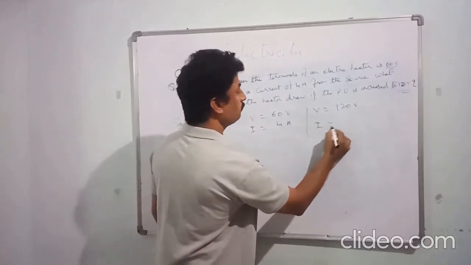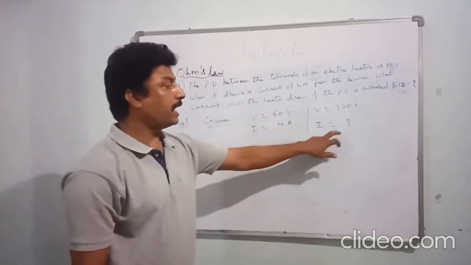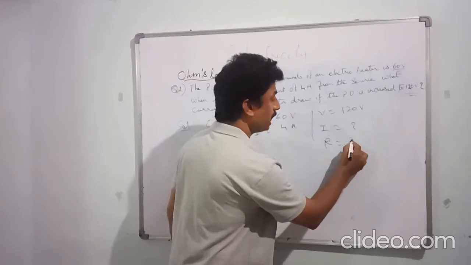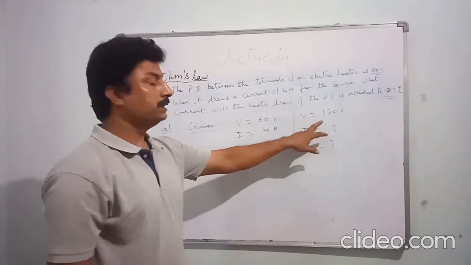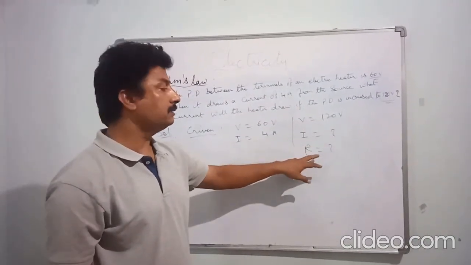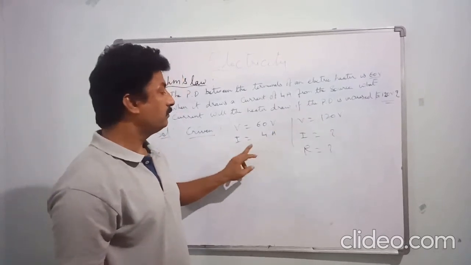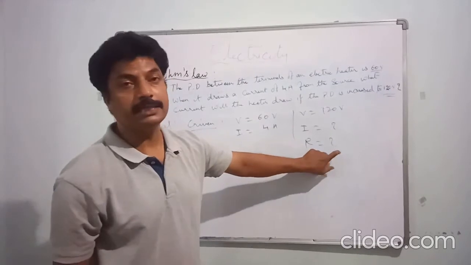To find out I, what do we require? We require R first. Why? Because among the three entities, if only one is given we cannot find the others, at least two have to be given. But from here we can first find R.